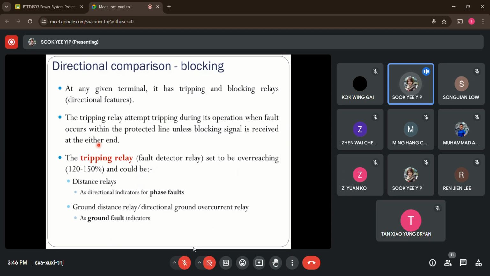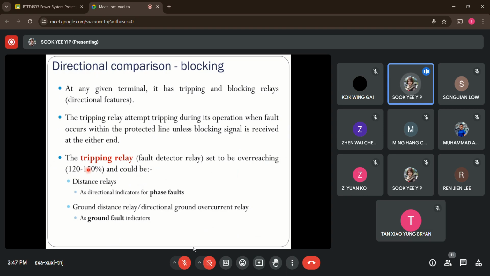This tripping relay we also call the fault detector relay. Usually its coverage area is set to be overreaching, which means it can reach up to 120% to 150% down the line that I want to protect.